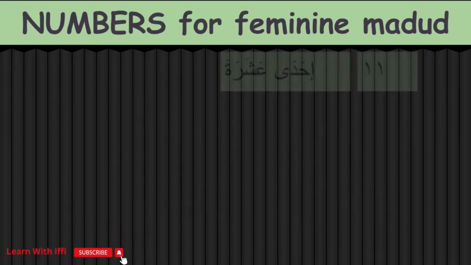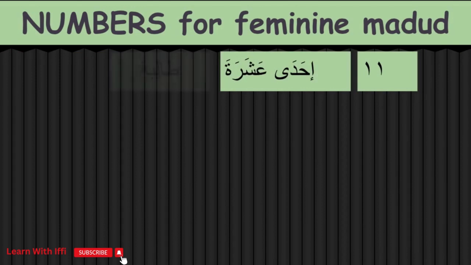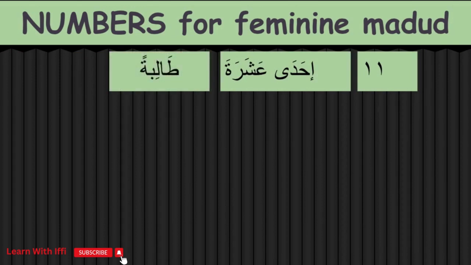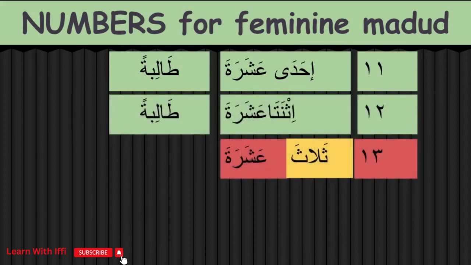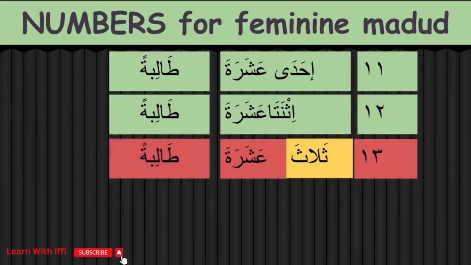Let's give an example. So you say ihda ashara taliba. See, taliba again is a tamiz, singular indefinite mansoob noun, from 11 to 20, what we are learning today. So ithnata ashara taliba. So in 13 things change. Thalatha ashara taliba.